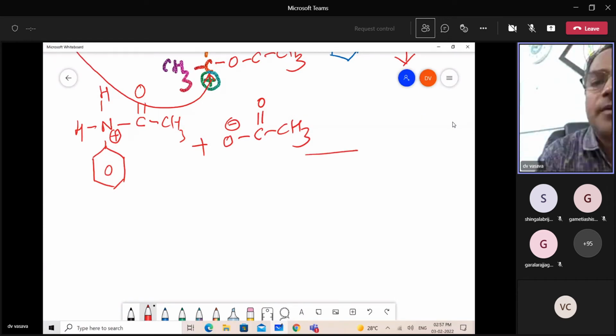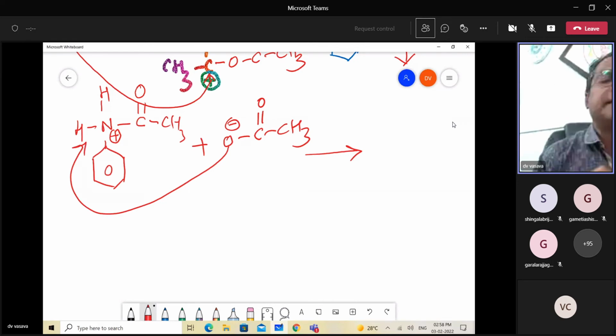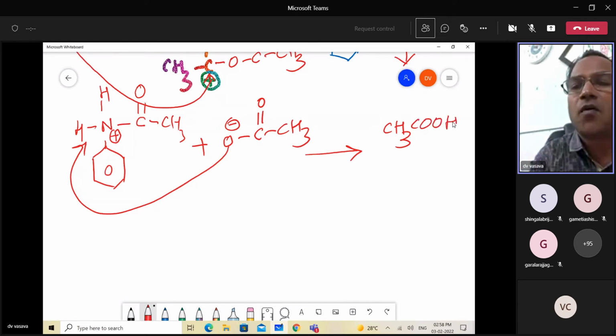Now here it is the quaternary ammonium salt. Nitrogen is plus. So this oxygen will abstract the proton from this complex. What is going to be released? CH3COOH.